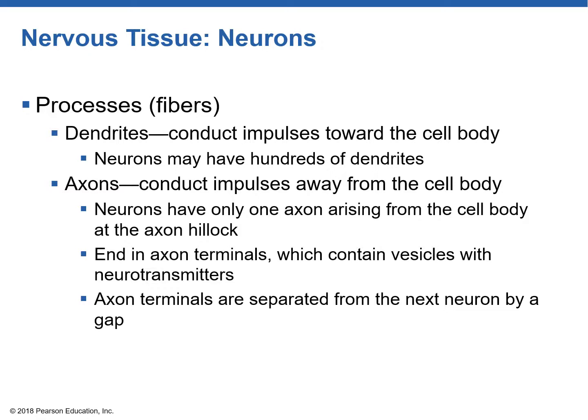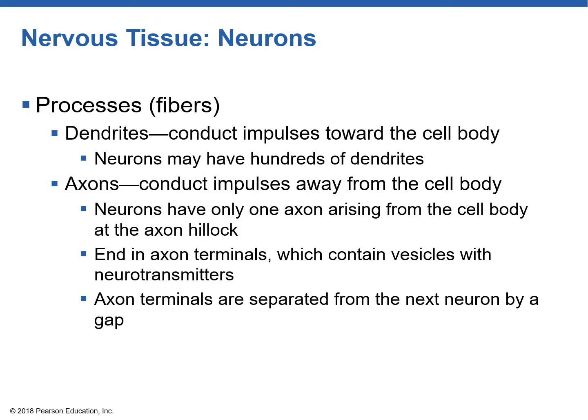Okay, so let's talk a little bit more about the processes of neurons. The dendrites are going to conduct impulses toward the cell body. A neuron may have hundreds of dendrites, and these dendrites, of course, can be in contact with other neurons, other cell types, etc. We have our axons that are conducting impulses away from the cell body. So this is really where you see an action potential itself. So neurons have only one axon arising from the cell body at the axon hillock.